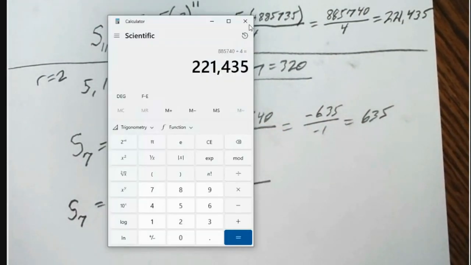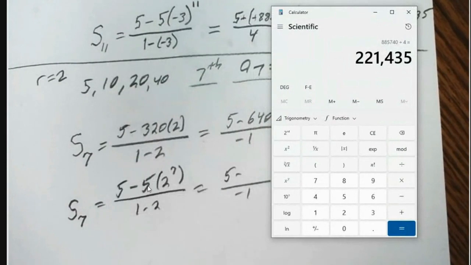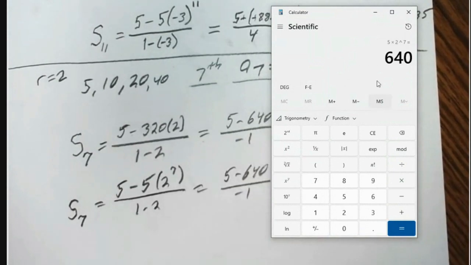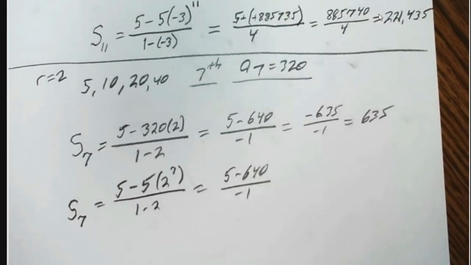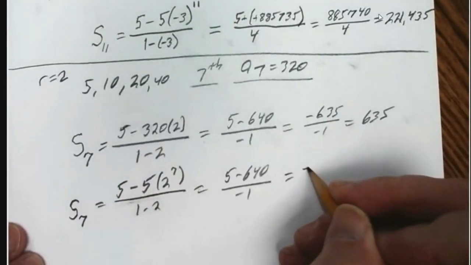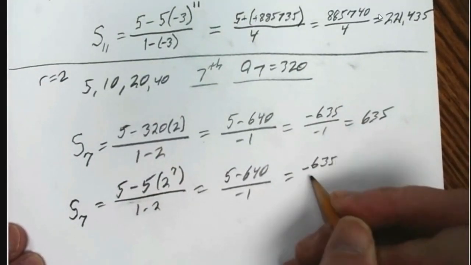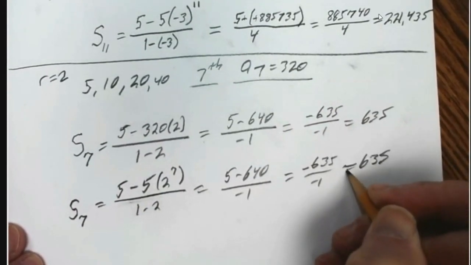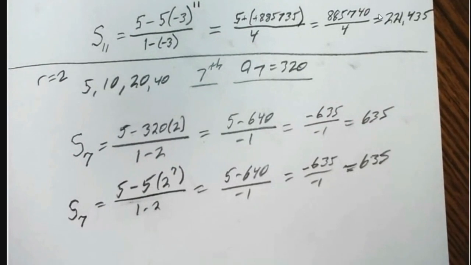Let's put it in our calculator and see. 5 times 2 raised to the 7th power. Looky there. Didn't matter which formula we used, if we wanted to go with the 7th term or just the first term and the ratio. Either way, we get negative 635 divided by negative 1. 635 total points is how much you'd have at the end of level 7.